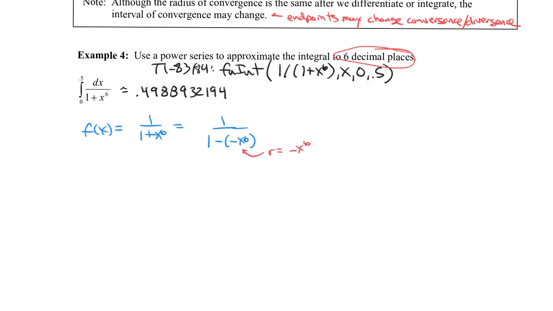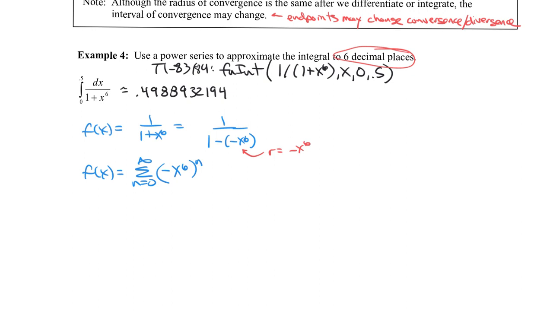So we could write f of x equals the sum from n equals 0 to infinity of negative x to the 6, to the nth power.